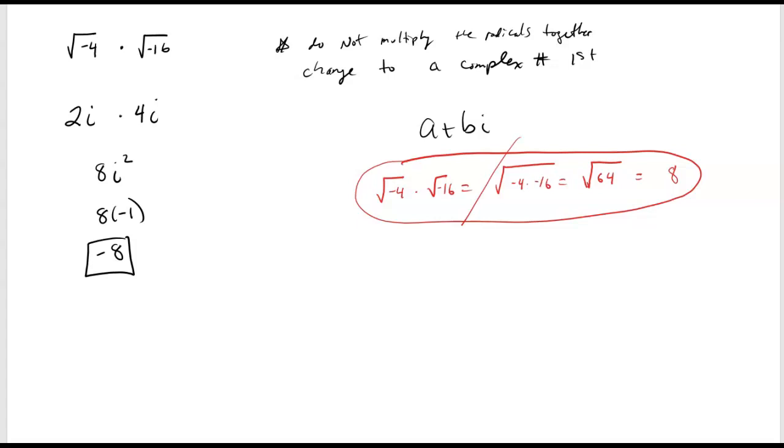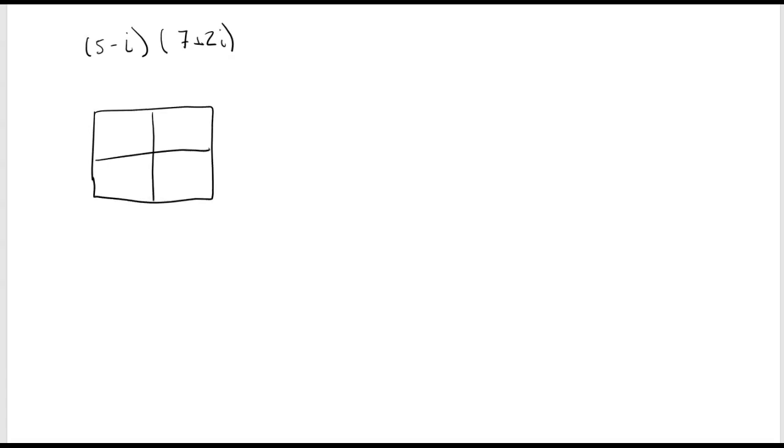Let's try another multiplying. All right. So what happens if I have a binomial, right? Your complex number, so it almost looks like a binomial, times another one, right? Again, I like to set up my area model to visualize that multiplication. So 5 minus i, 7 plus 2i, so 35, negative 7i, 10i, negative 2i squared.